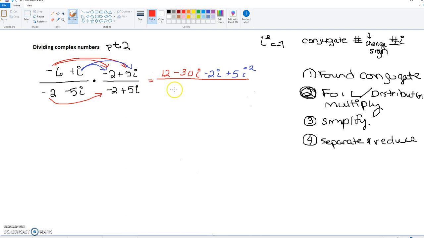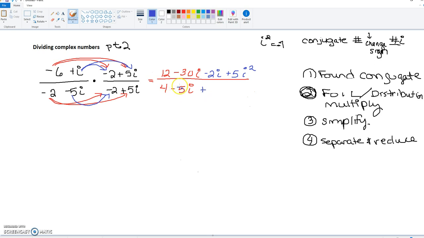We're going to do the same thing on the bottom. -2 times a -2 is 4. -2 times 5i is a negative -5i. And then we have -5i times a -2, which gets us a... Oh, I'm so sorry.